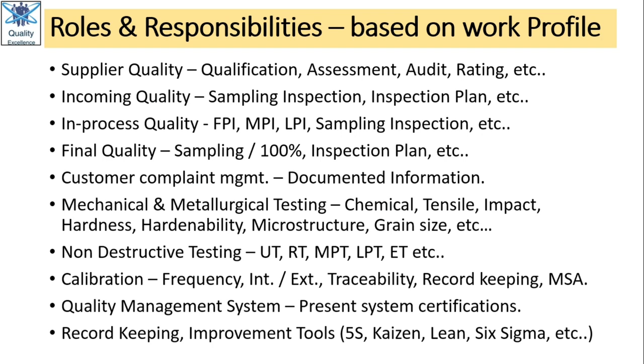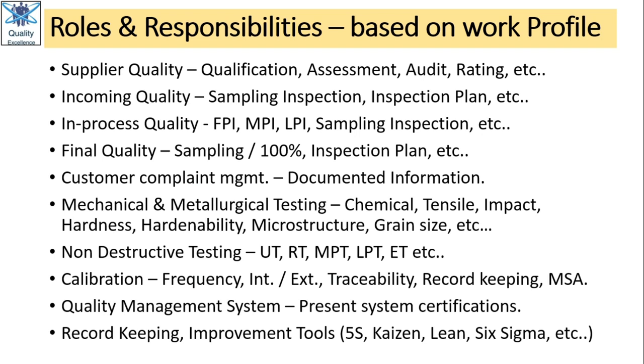Then calibration. If you are working in calibration in the quality department, then they can ask you about your calibration plan, frequency, and whether you are doing internal or external calibration. They can ask you questions related to traceability, record keeping, and about MSA also. It is one of the 5 core tools. So this is related to calibration.